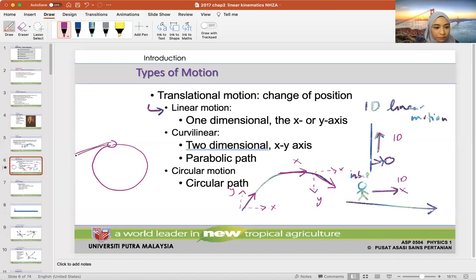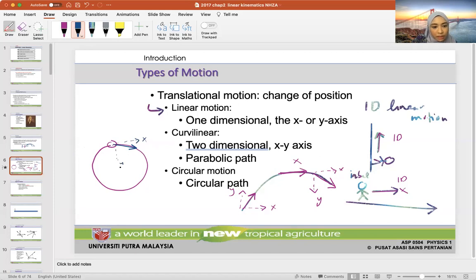So this pendulum is moving in a circular path, and I say that it is moving in 2 dimensions because the vector of displacement or the vector velocity has 2 components.